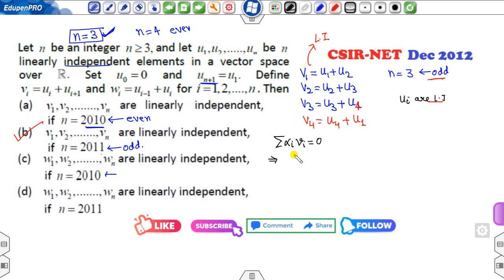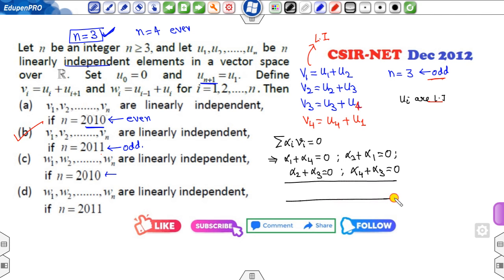That means the coefficient alpha 1 plus alpha 4 is 0, alpha 2 plus alpha 1 is 0, alpha 2 plus alpha 3 is 0, and alpha 4 plus alpha 3 is 0. Now if you add them, what you conclude is alpha 1, alpha 2, alpha 3, alpha 4 is 0.